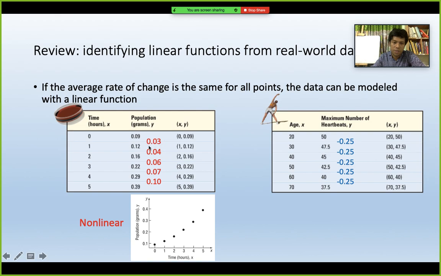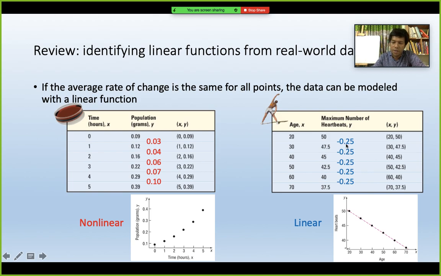So here, if you find the slope, this is the change, 0.12 minus 0.09, change is 0.03, and it is 0.03, 0.04, 0.06. So it is not the same. Not the same means it is non-linear. Here everything is the same, so it is linear.